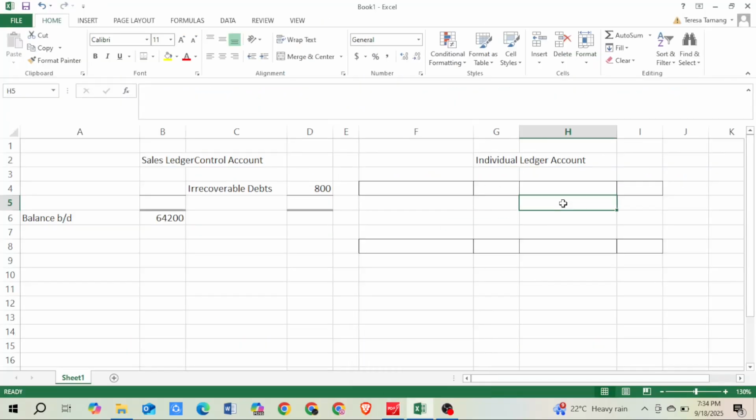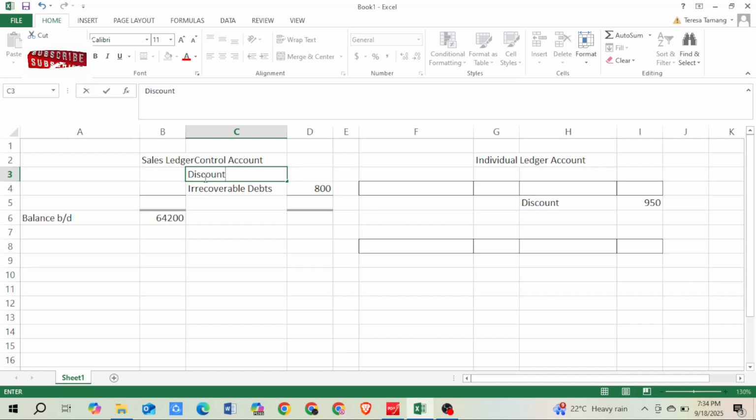So it was already entered there. We wrote discount and then 950 out here. But when we had to write it down in the control account, above the total, we only wrote discount as 590.